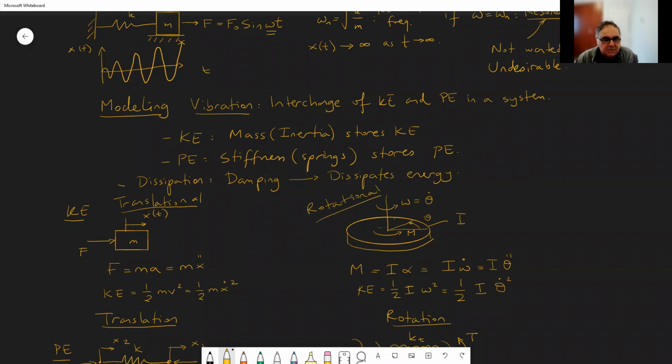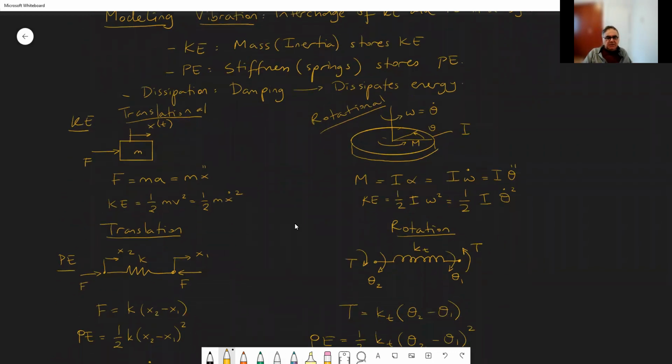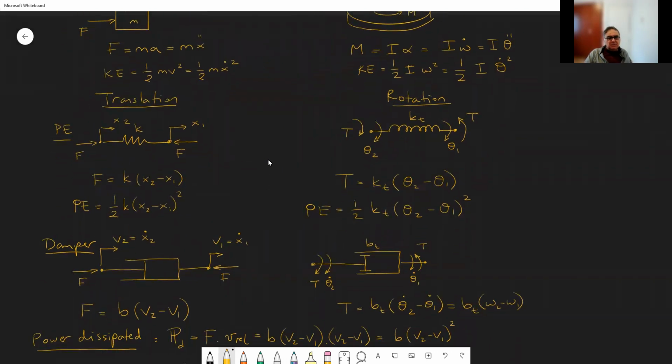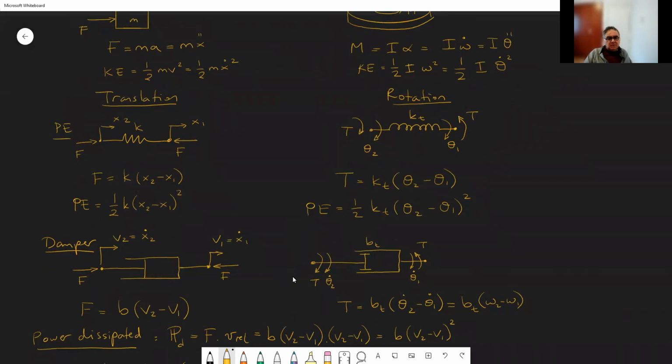You might have a combination of them, but you can separate it like that. We basically use F equals ma or M equals I alpha, or we use the energies, kinetic and potential. I talked about this, so I'm not talking about it again.